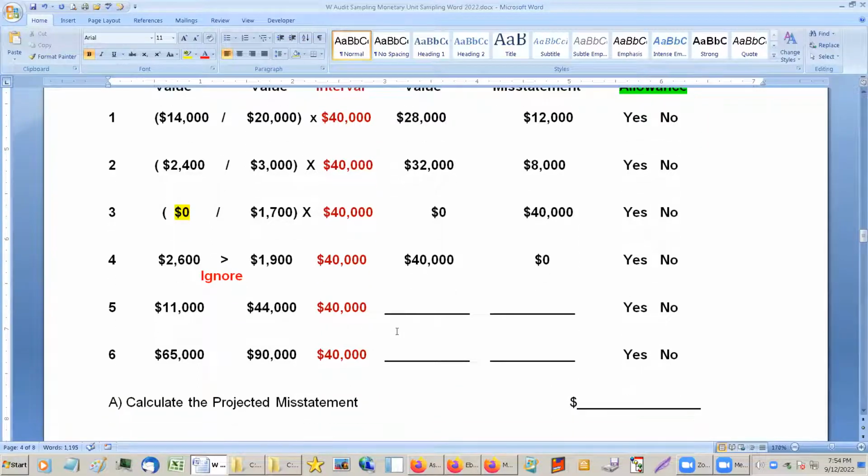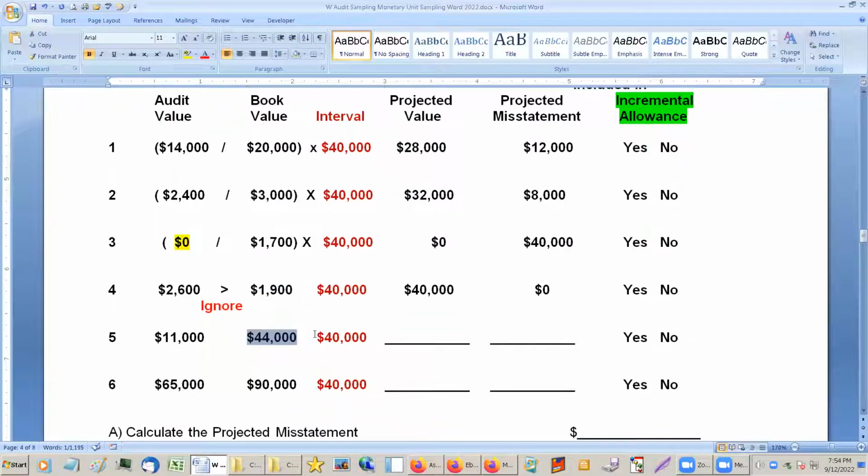Okay, now down here, this is where they get strange. So they have on their books this item for 44,000. The interval size is 40,000.